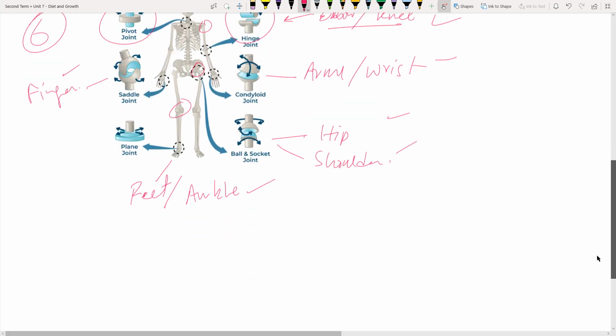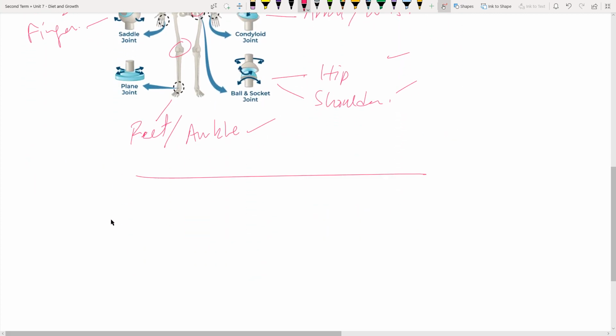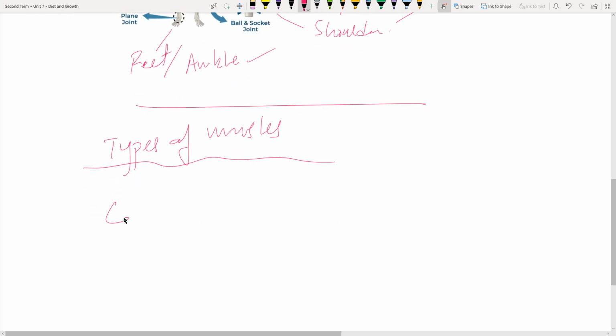Now, the final topic was type of muscles. So we have muscles. Cells join up together to form tissues. Sorry, my bad, tissues that form organs.